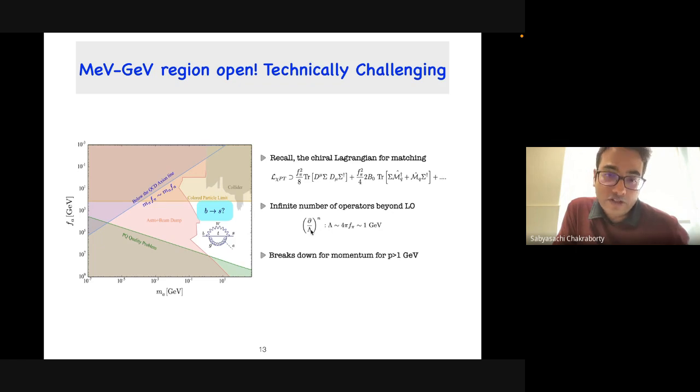The lambda is the cutoff scale in chiral Lagrangian, which is around 1 GeV. And if you are probing few GeV axion, then delta over lambda is a large number. So your power counting breaks down. Therefore one has to do a perturbative calculation, and this is what I'll talk about in the next few slides.